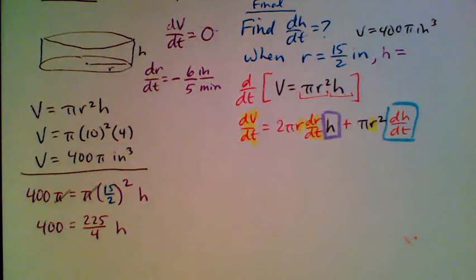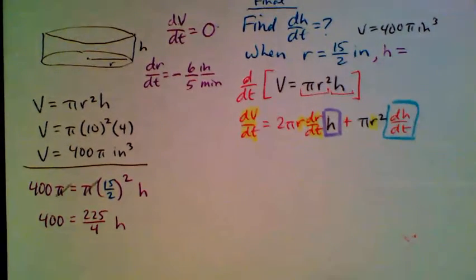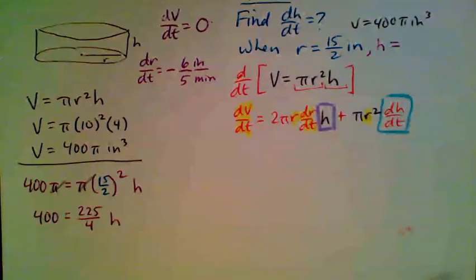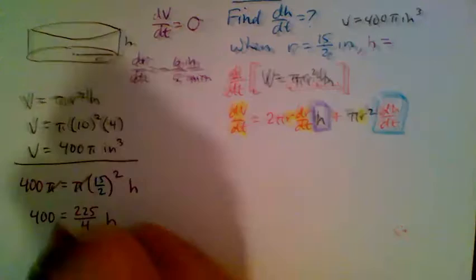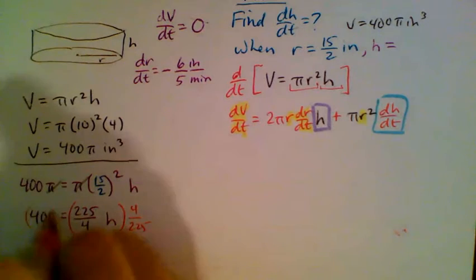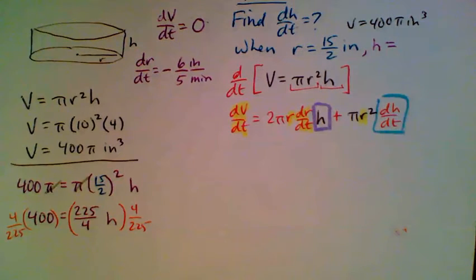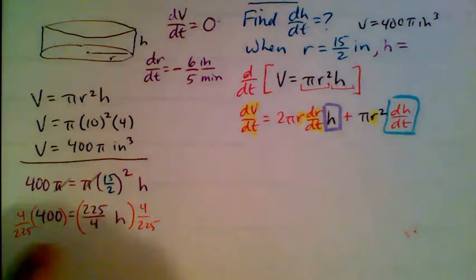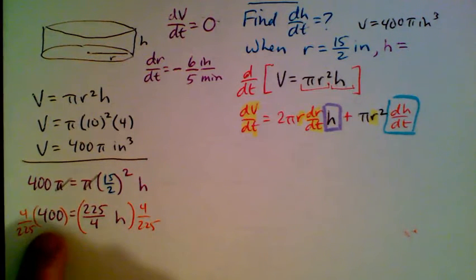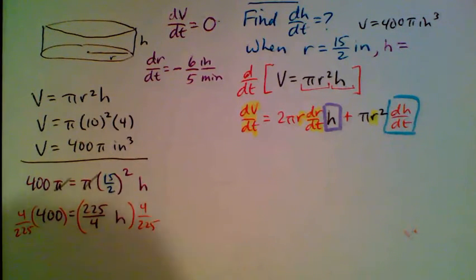And I'm trying to keep as much precision as possible, and it's good practice as well. So 4 over 225, multiply both sides by that. And then to simplify this, notice the 400 and 225, 5 will go into both of those, so we can do some simplifications.